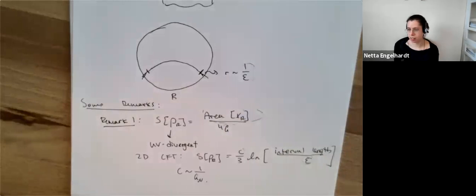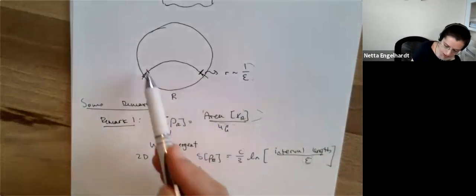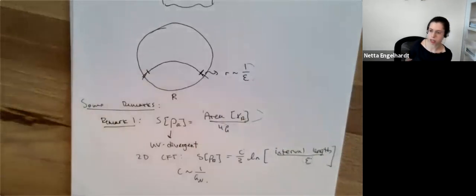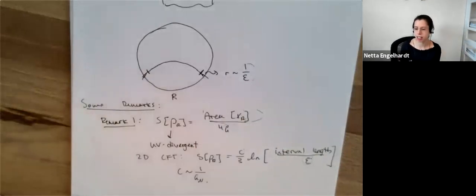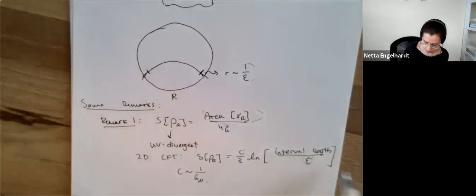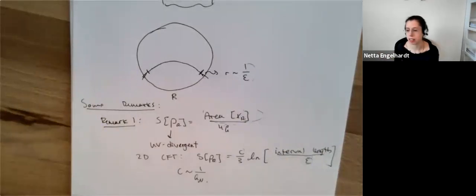And what's miraculous, fascinating, exciting is that these cutoffs exactly appear to match up, so that the divergence in the area due to this thing going all the way to the asymptotic boundary has the same behavior as the UV cutoff in the CFT.